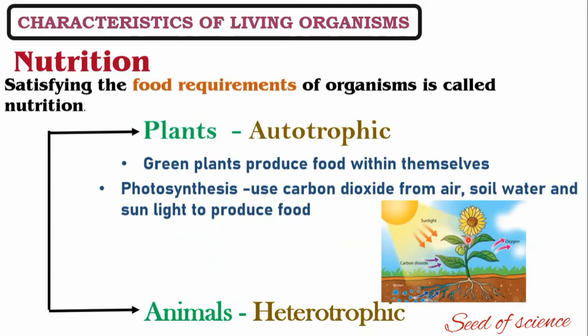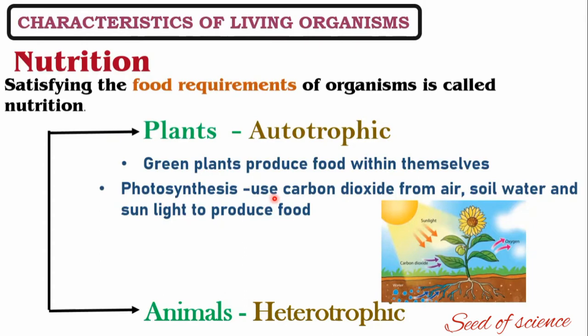Producing their own food by themselves is autotrophic. By which process do they produce food? The process is called photosynthesis. Photosynthesis occurs using carbon dioxide, water, and light, and it produces their food, right?